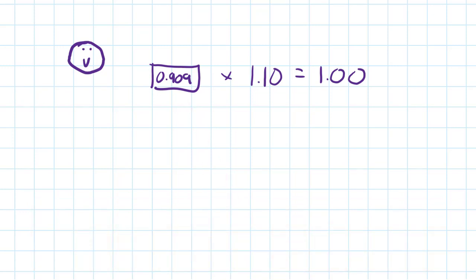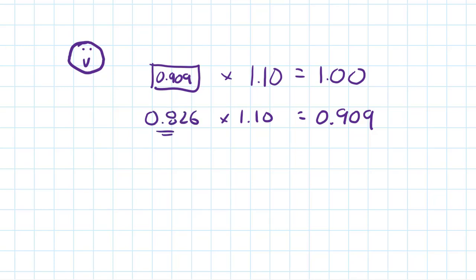And we can use the same principle we used before. If I wanted to leave my investment compounding for 2 years, well, then I could take the 0.909, and if I divide that by the 1.1, I'll get 0.826.